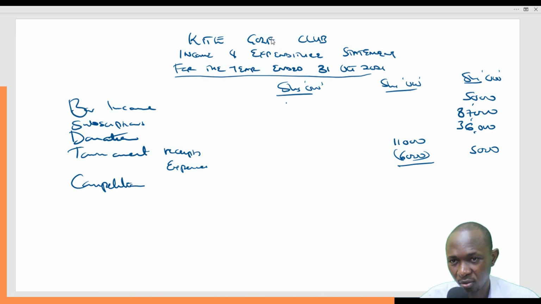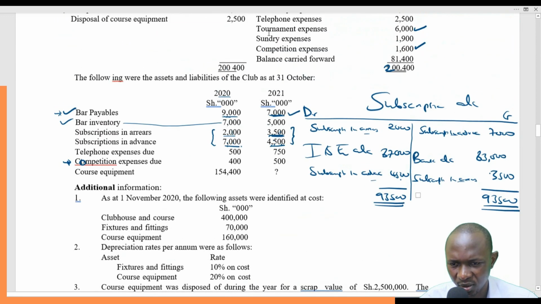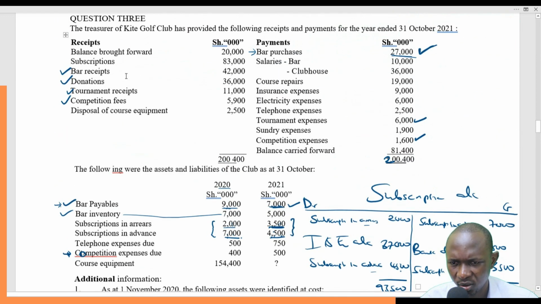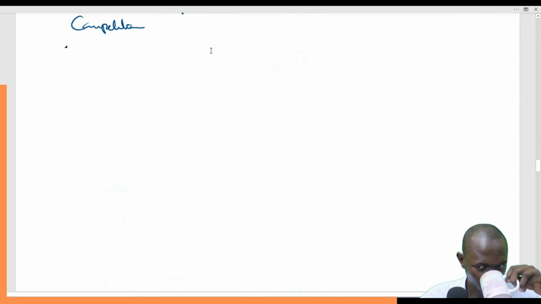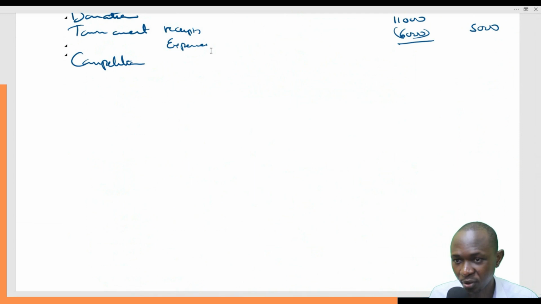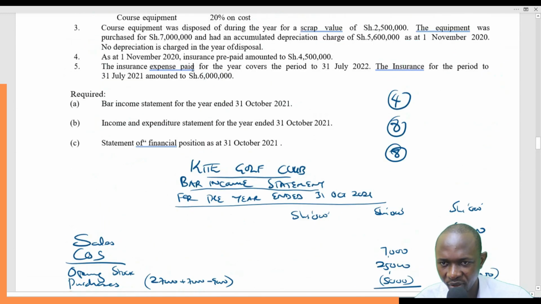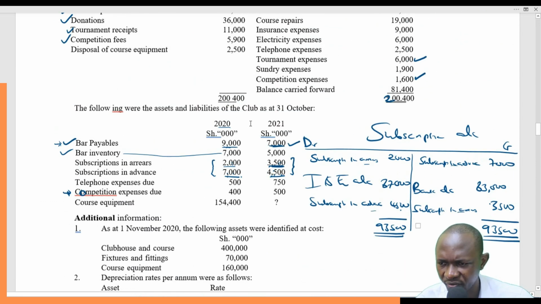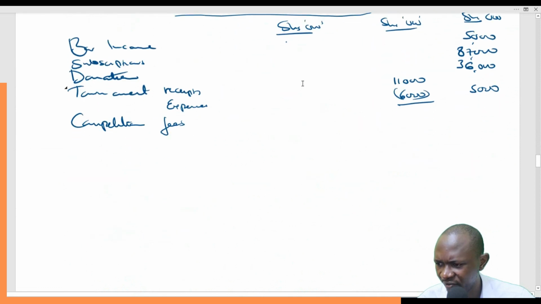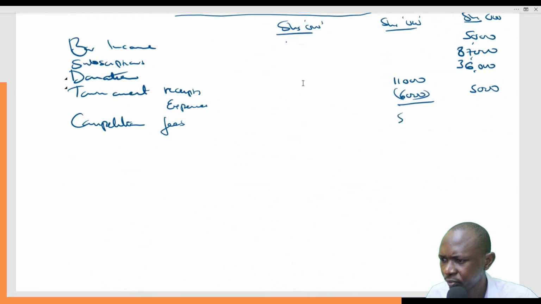Competition fees, the assumption is that we are going to have a positive figure, but let's work it out. Competition fees, how much is it? Competition fees is 5,900. So we'll have 5,900 here. And then competition expenses.